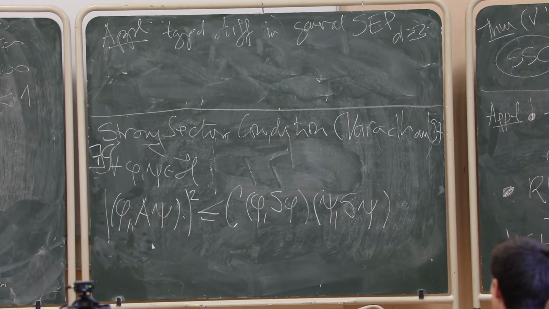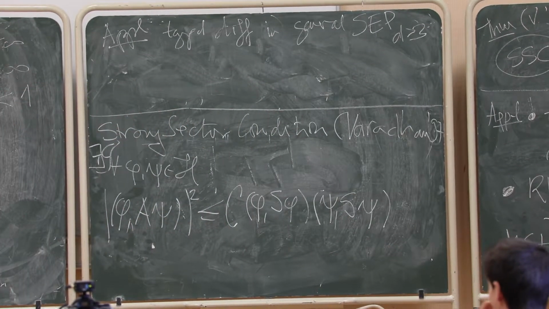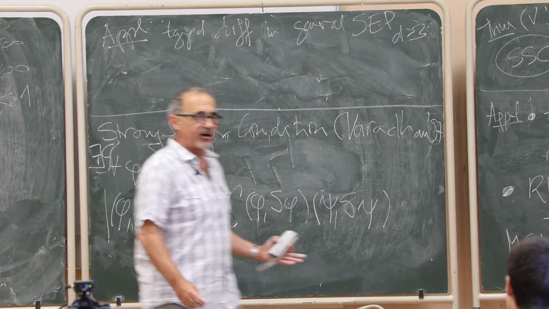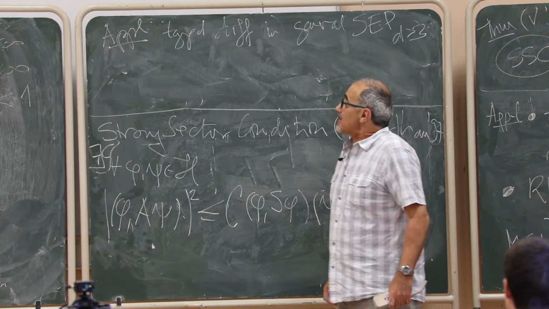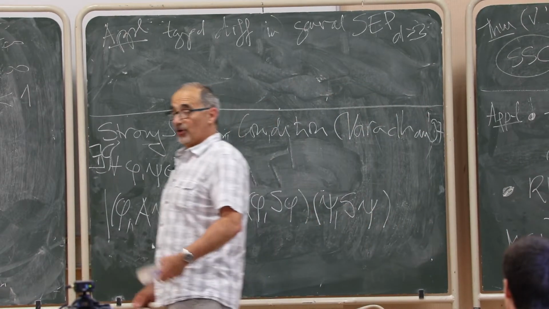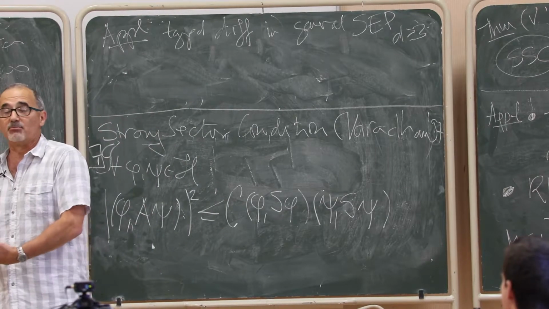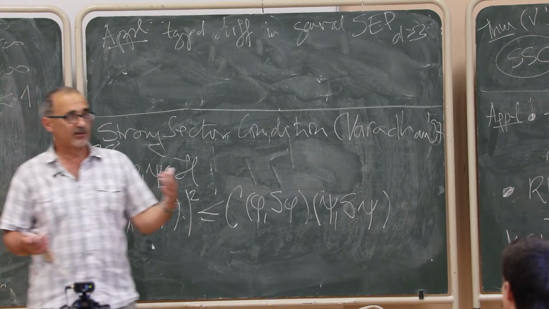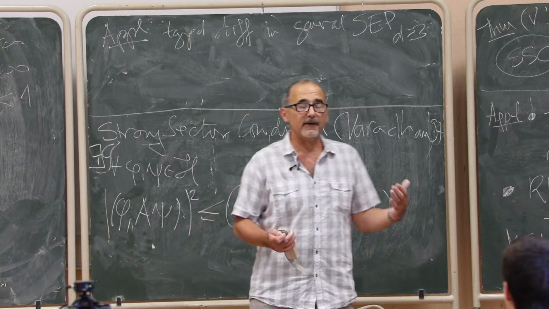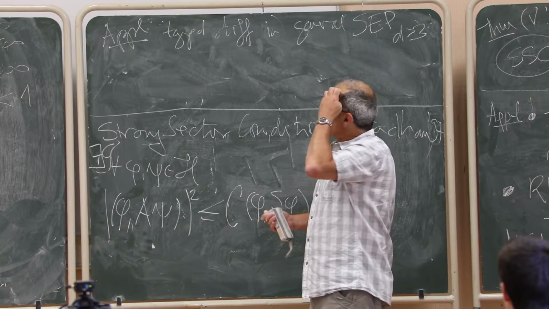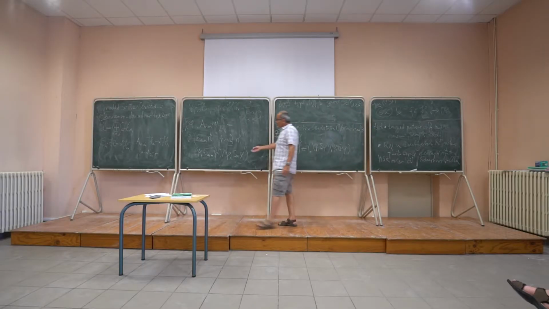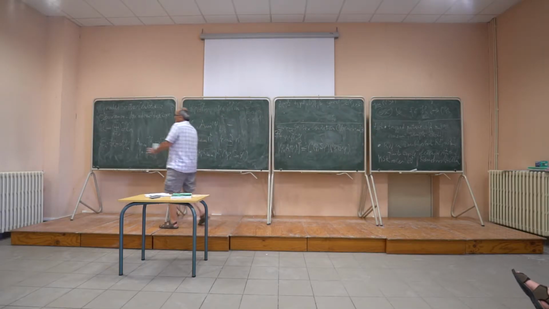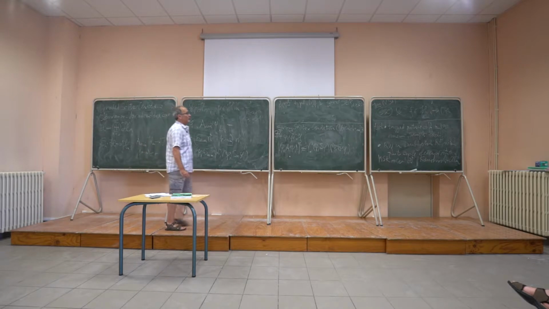So take a general simple exclusion process, no restriction on the jump rates, except that they are finite range and homogeneous. The central limit theorem will hold for the tagged particle diffusion. In this case, you might have to subtract the mean, and the central limit theorem will hold in 3 and more dimensions, and the proof goes through this. This is a very technical, difficult and very important result.